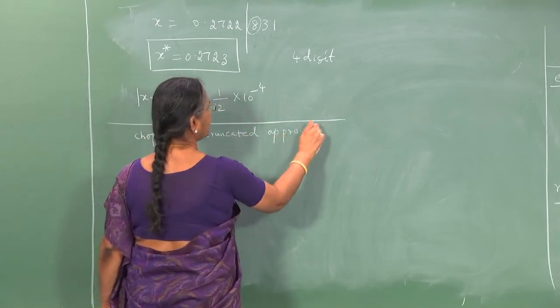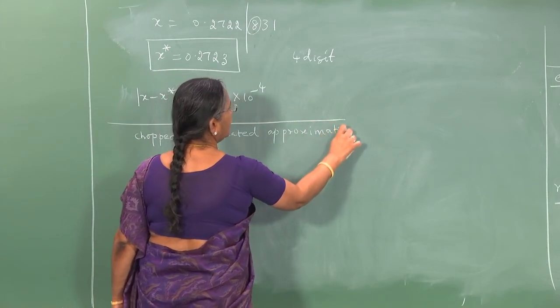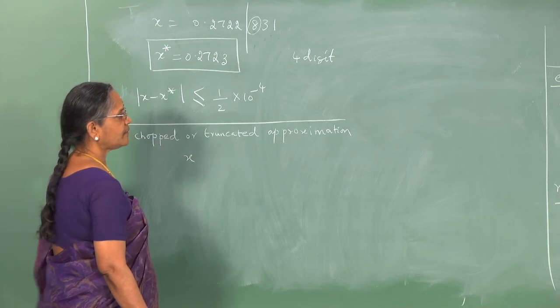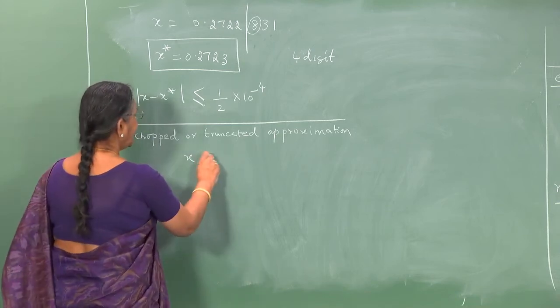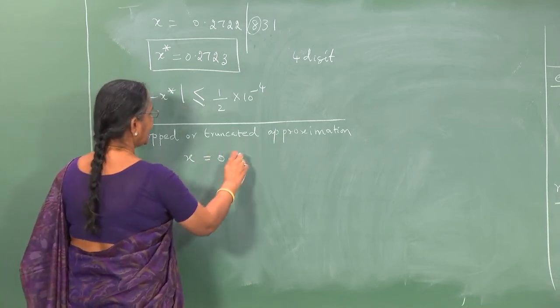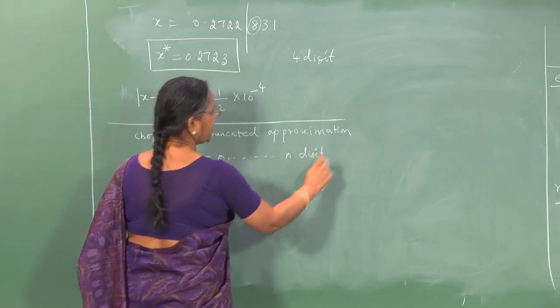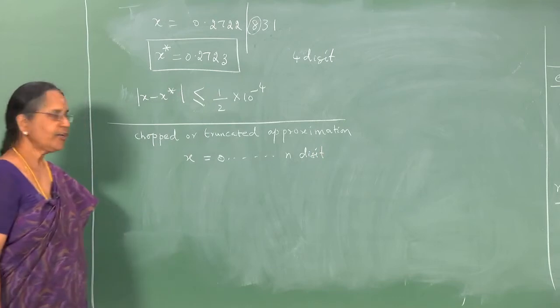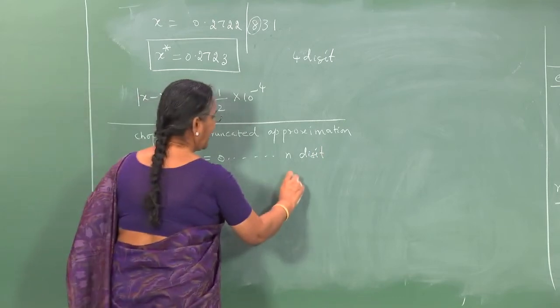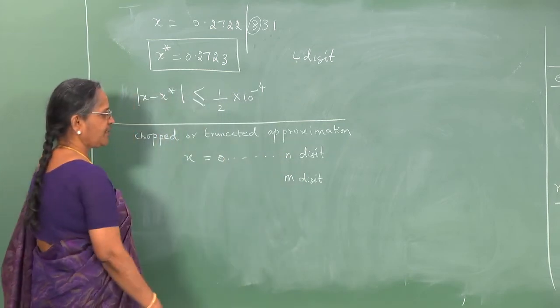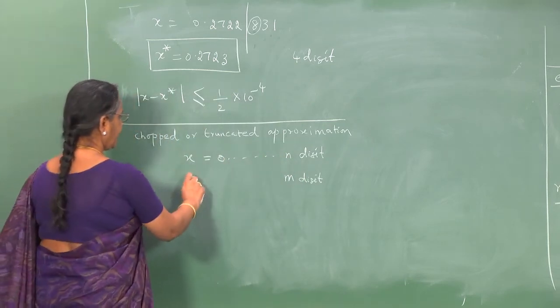So, given a number x which has an n digit decimal representation, I want to obtain an m digit chopped or truncated approximation of this number.